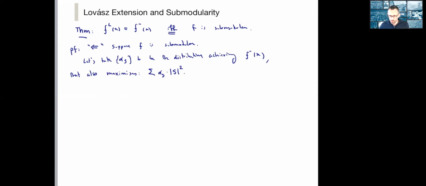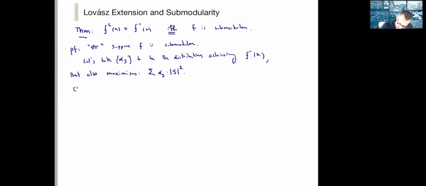So in particular, in the presence of submodularity, what we're implicitly going to show is that there is an alpha s that achieves f minus of x that is nested. And because in the Lovász extension it's clear that that nested family is unique, that immediately shows that these actually coincide.